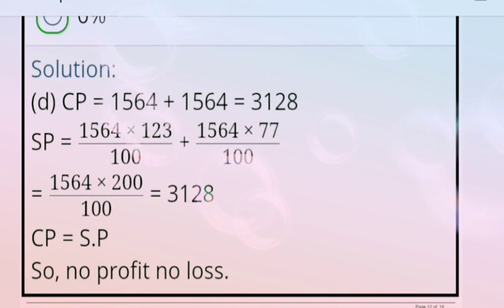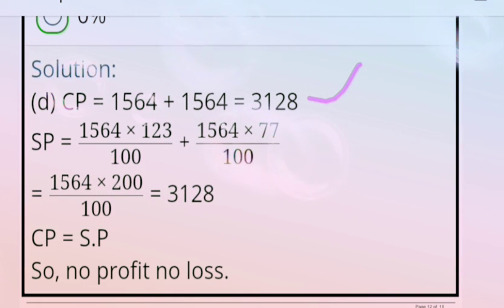Now the cost price for both items is 1564 plus 1564, that is equal to 3128, and we know that SP is equal to cost price into profit upon 100, and the other formula is similar: CP into loss upon 100.